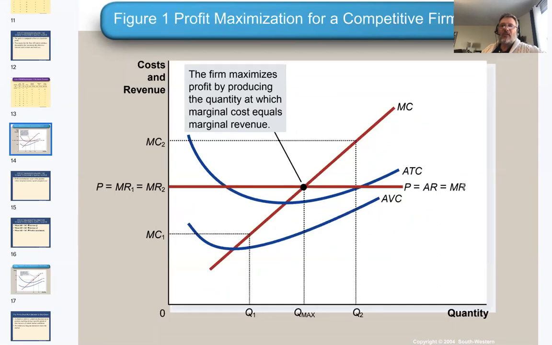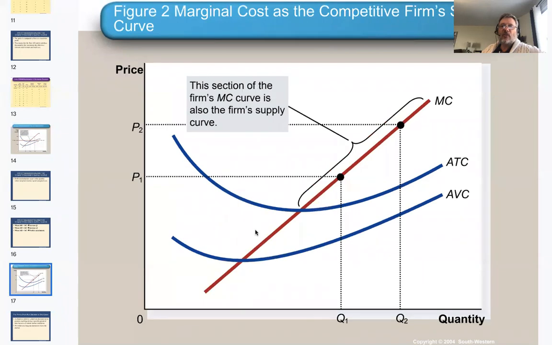Marginal revenue defines the price the firm faces in a competitive market, and the firm's always going to use its marginal cost curve to determine its profit-maximizing level of output. So if the price increases, the firm's just going to follow along its marginal cost curve, and its marginal cost curve is actually going to be its supply curve.